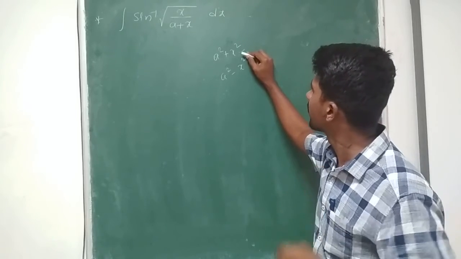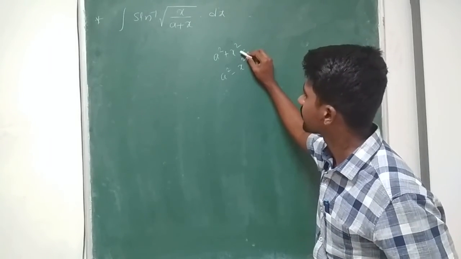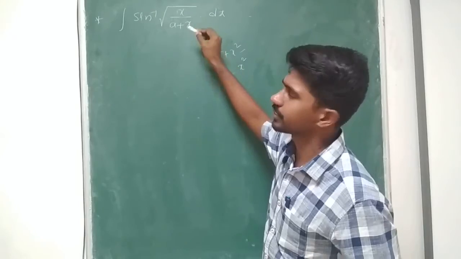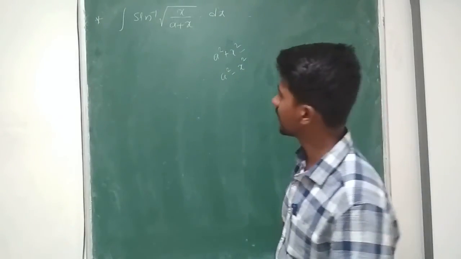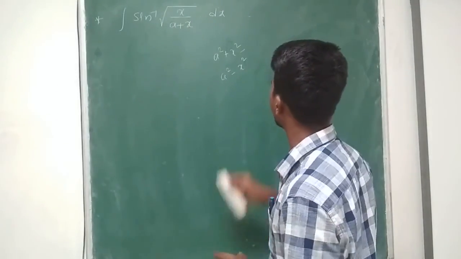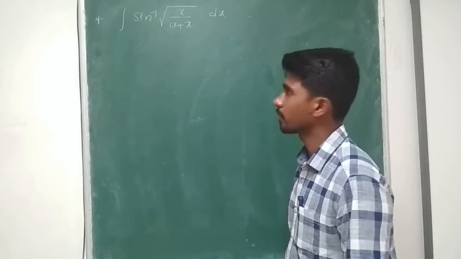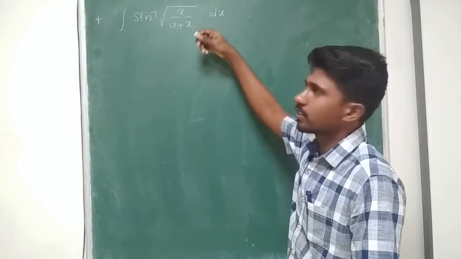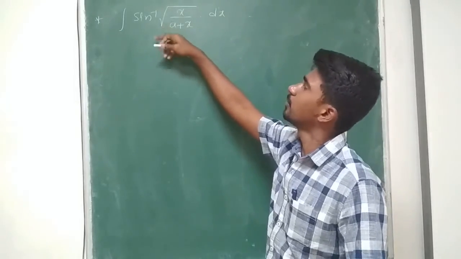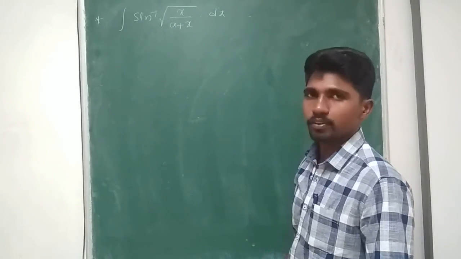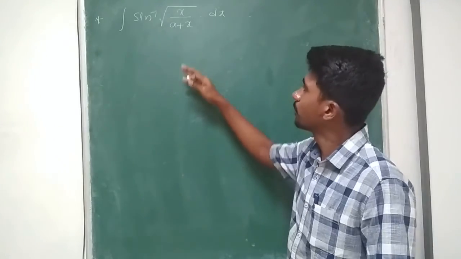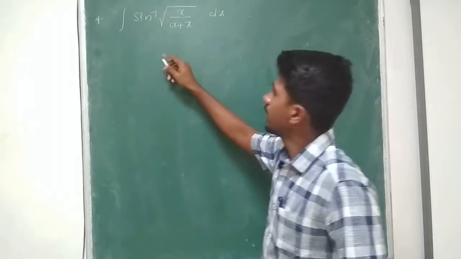Now in this case I have a plus x, so I am using x as a tan square t, so that I can remove the root. If I have a square, the root gets cancelled. That's what I am using here: x as a tan square t.